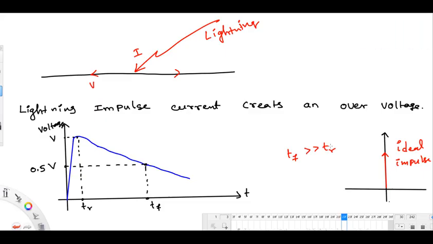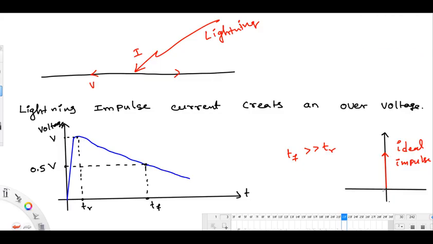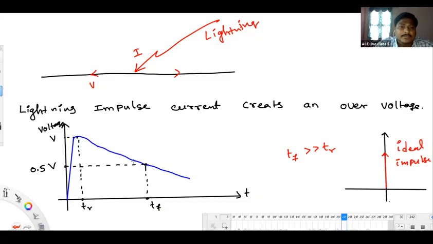Sir, can you give a valid reason in short? If you take the ideal impulse signal versus the practical impulse signal, it will have this nature only. There's no mathematical reason for it; it is a practically observed impulse waveform they have given.